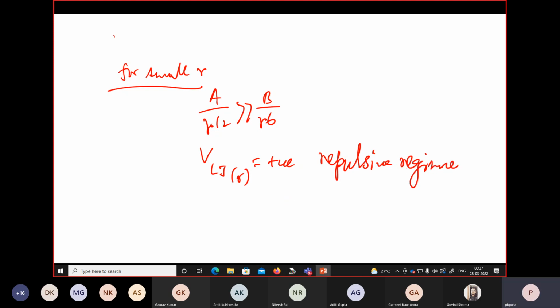Right? Now the thing is, all we are doing, we are basically measuring the force, or you can say we are basically measuring the deflection.